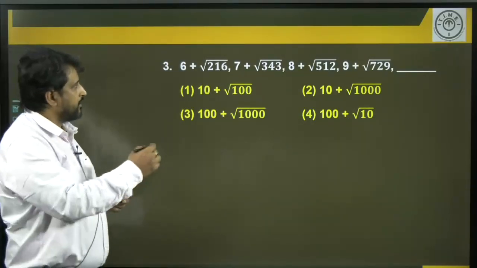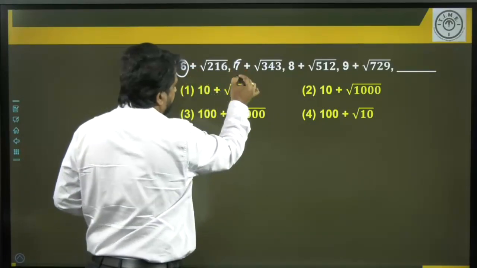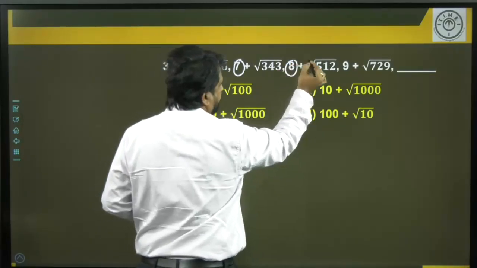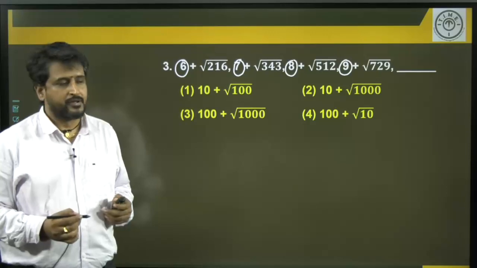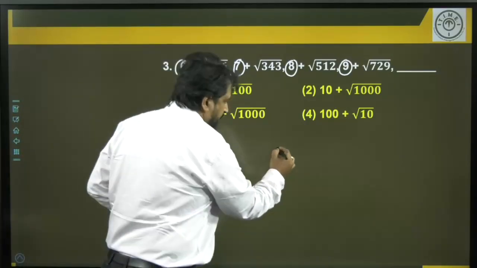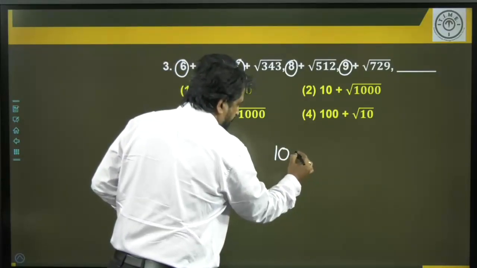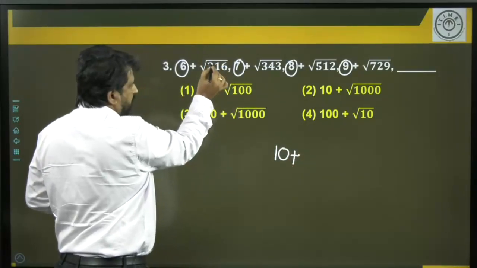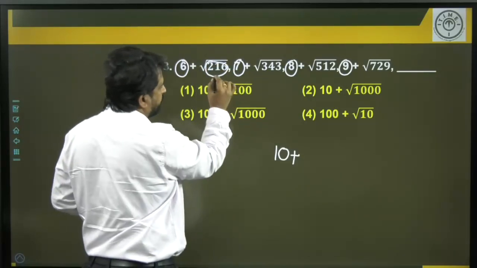Okay, look at the numbers 6, 7, 8, 9. These numbers are consecutive natural numbers. So, after 9 the natural number is 10. Now, forget about the square root, just observe the given numbers.